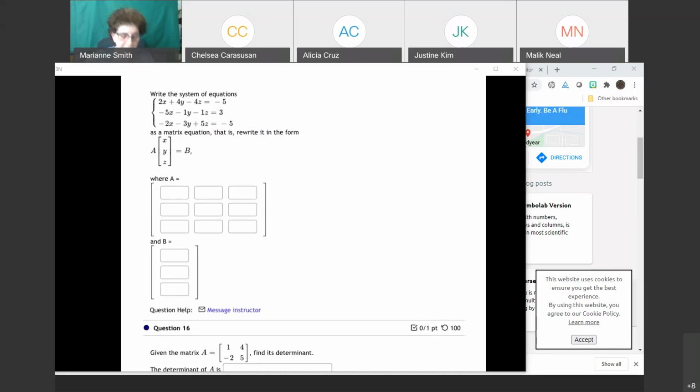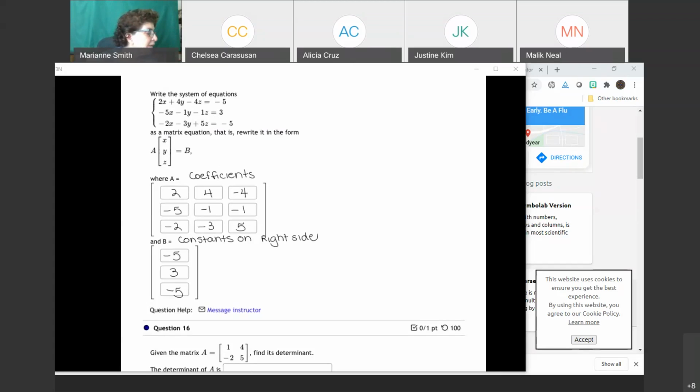Your coefficients. Yeah, just the coefficients. And B is the constants on the right-hand side. So it's just 2, 4, minus 4, minus 5, minus 1. And this is minus 5, 3.